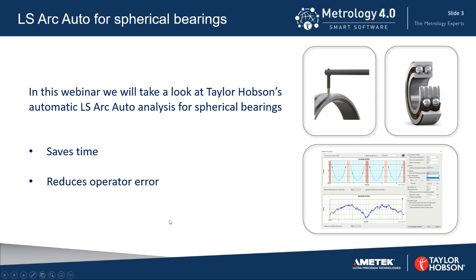In each of these cases, it's far better if we are able to precisely and automatically define the exact regions on the raceway that we want to analyze. This is often done in relation to the shoulders on the raceway profile. So using LS-Arc auto analysis to do this saves time and reduces the operator error.